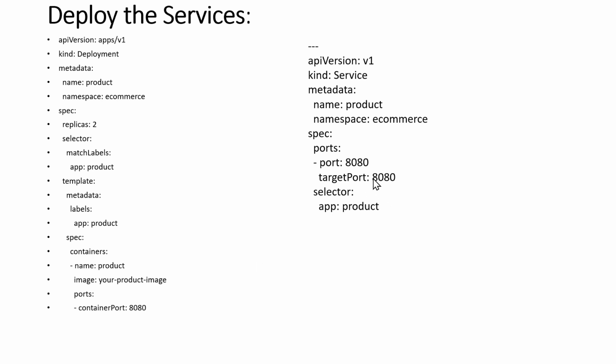The target port is the port you should use from outside to access the information inside this container. You can have the same or different ports. Next is the selector, that is for which microservice you are creating the load balancer. Here I mention the selector with app product, so for that it will create the load balancer.